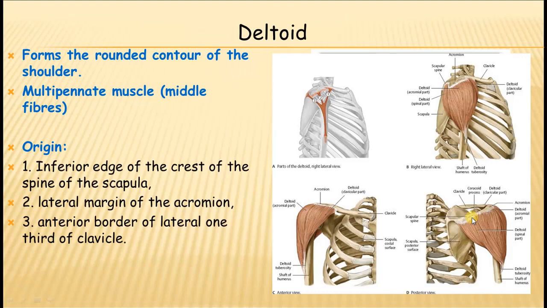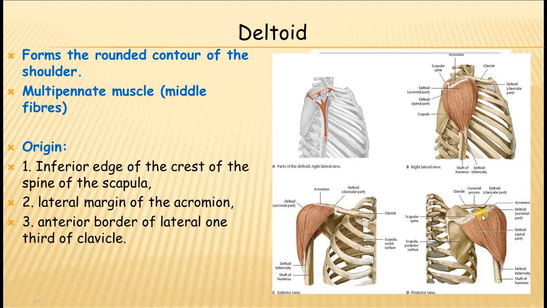So from these, this number 3 what is labeled here, the posterior fibers arise. The middle fibers you see here actually arise from the lateral border of the acromion.